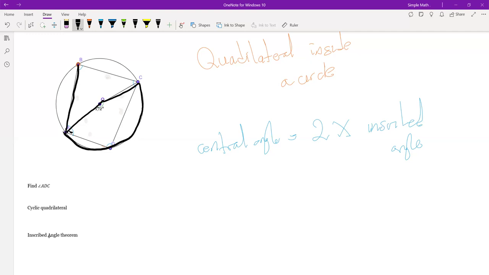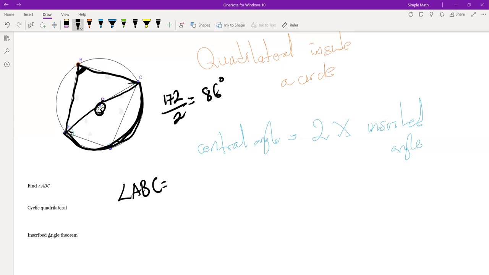This angle here is also subtended by the same arc. So they're facing the same arc, which means this angle is twice this angle. So if this is 172, 172 divided by 2 is 86 degrees. So this angle ABC would be 86 degrees.